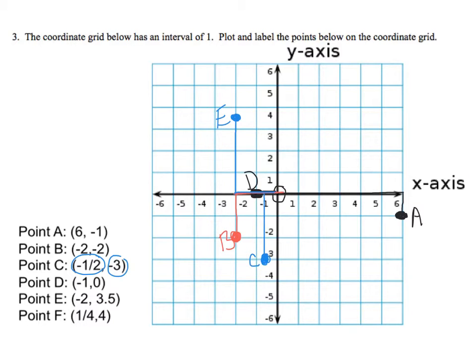That's going to take me to a +4. So 1, 2, 3, 4. Notice my line is staying very close to the y-axis, but about 1/4 of the way over to the 1. When I make my point there, that is point F, and I have plotted those 6 points.